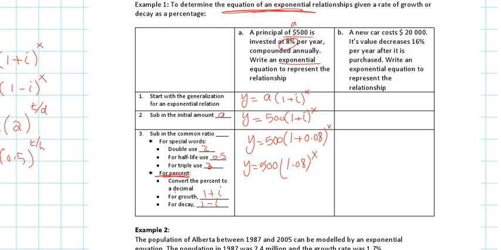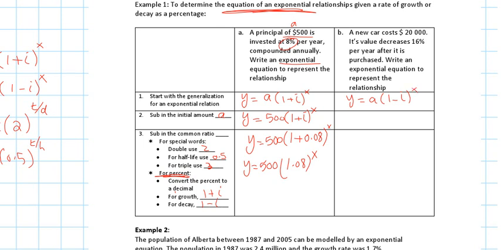Okay, so the second question says a new car costs $20,000. Its value decreases by 16% per year after it is purchased. Write an exponential equation to represent the relationship. So let's see, what is given to me? What do I know? What equation do I use? It's a decay, right? So it's going to be y equals a (1 minus i) to the power of x.